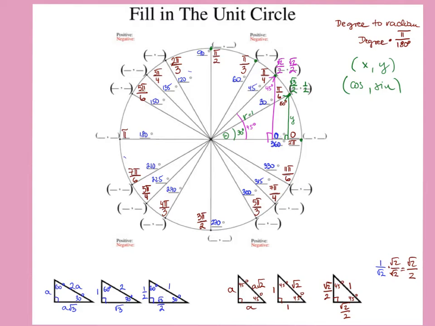So now we are moving on to the next angle. So we are going to move to the 60-degree angle. Before we move to the 60-degree angle, let me write radius equals 1. So for the 60-degree angle, again the radius is 1.